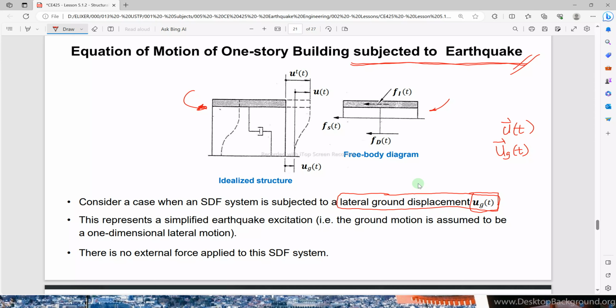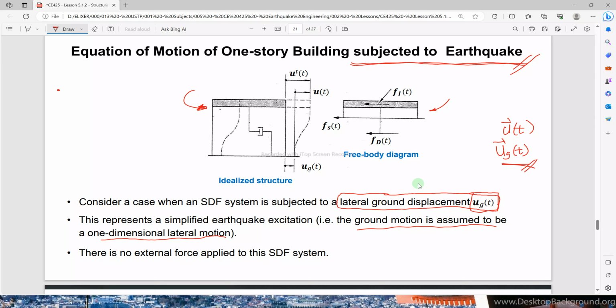Note that this is a vector quantity. This represents a simplified earthquake excitation, and the ground motion here is assumed to be one-dimensional lateral motion. There is no external force applied to this SDF system. As mentioned earlier, there is no external force, but there is a lateral ground displacement symbolized by ug(t).